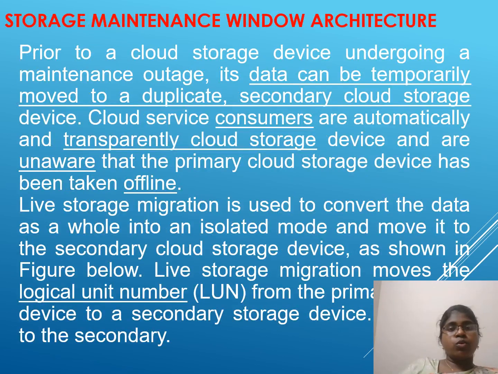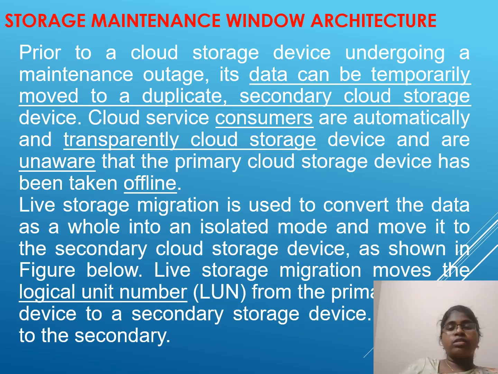In the storage maintenance window architecture, prior to a storage device undergoing a maintenance outage, data can be temporarily moved to a duplicate secondary cloud storage device. Cloud storage consumers are automatically transferred to the secondary device, while the primary cloud storage is taken offline.